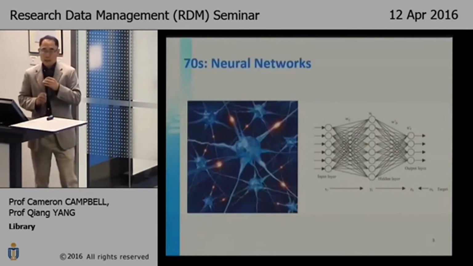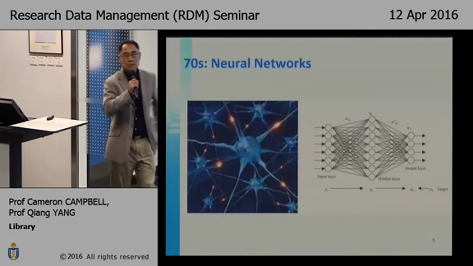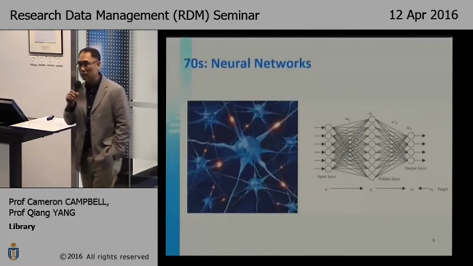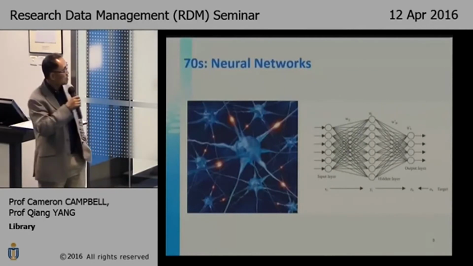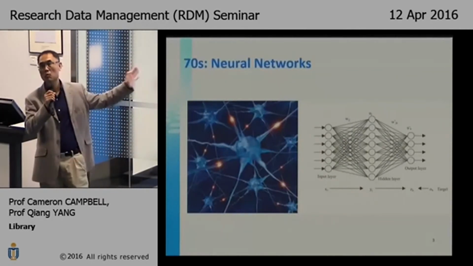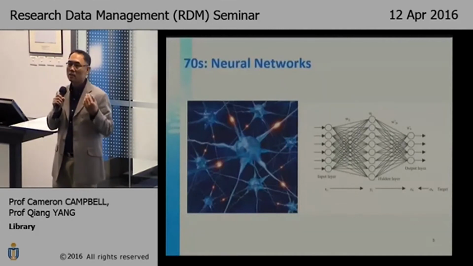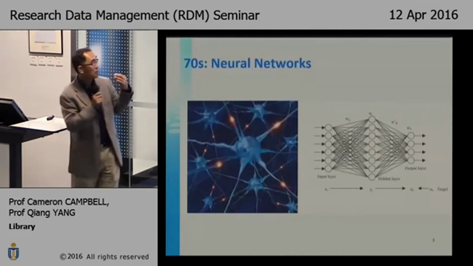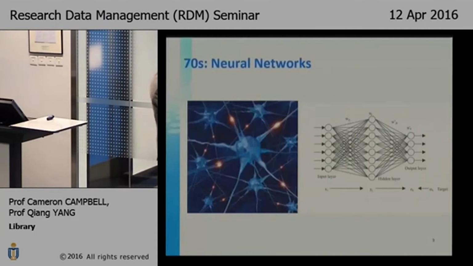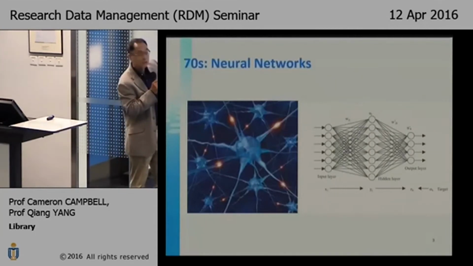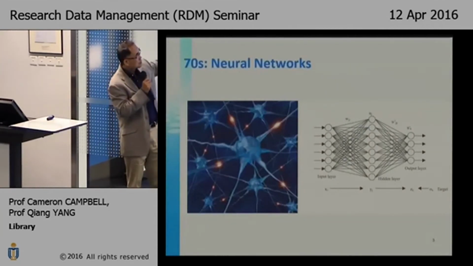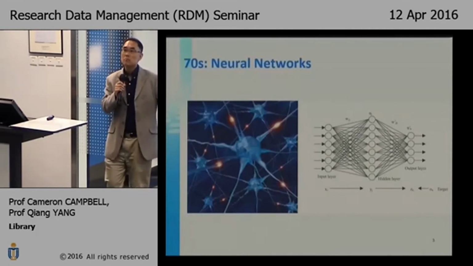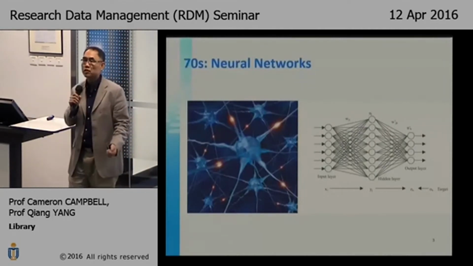Now, then in the 1970s, people from MIT and elsewhere started thinking of different algorithms, and this is one of them, inspired by how the human brain is constructed. Roughly, you have billions of neurons that are connected by even more connections.